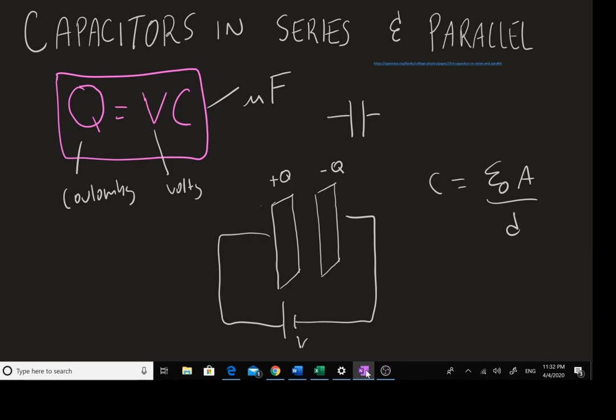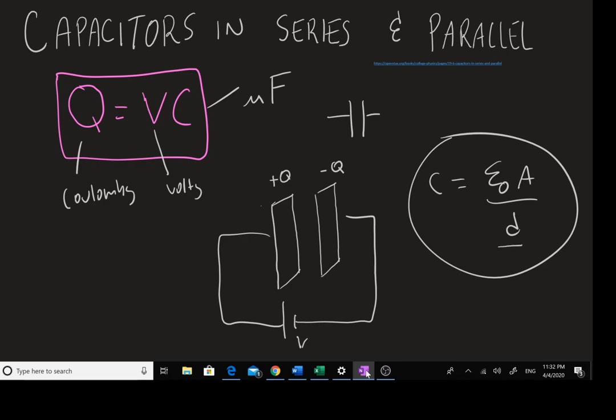And for capacitances, there's a few things that affect them, and that is the area of the plate and then the distance between the two plates. And so that's this equation right here. If we have a large area on the plate, then it'll have a larger capacitance.